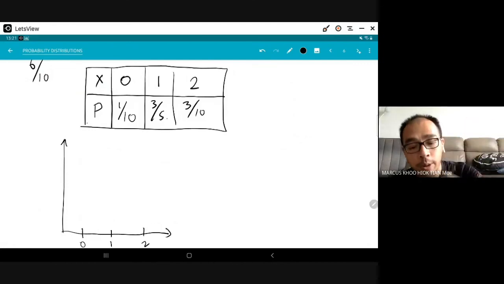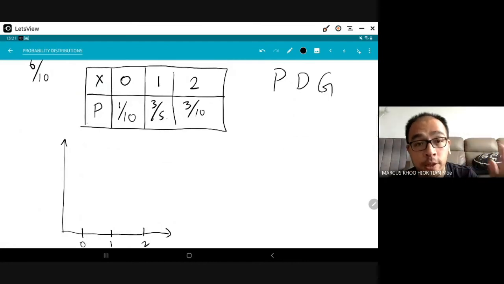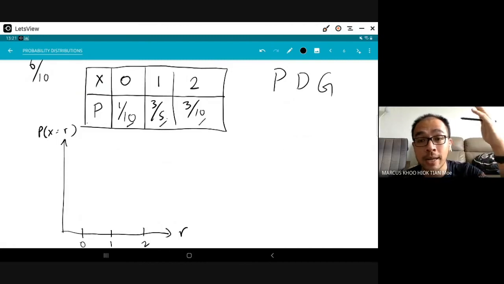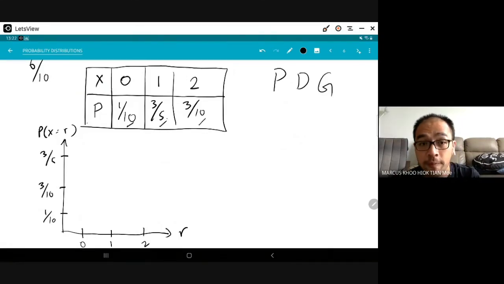Okay, this is a probability distribution graph. So different rules apply. Here is R, here is P, X equals i. Okay, because dia punya nombor di bawah adalah berlainan, please be careful. Okay, make sure that dia masih tersusun mengikut dia punya size. Okay, so here is 1 over 10, here is 3 over 10, and here is 3 over 5.